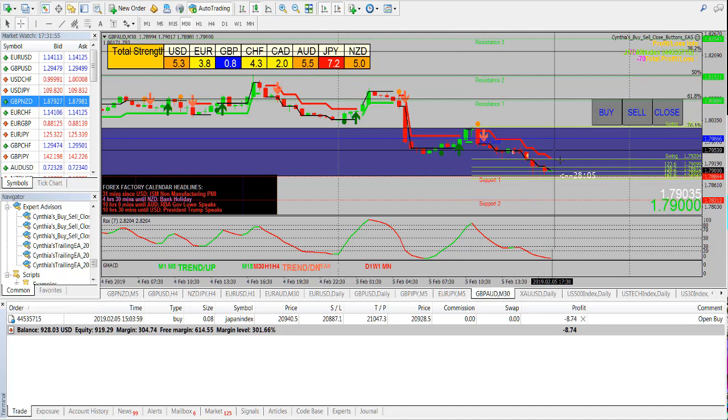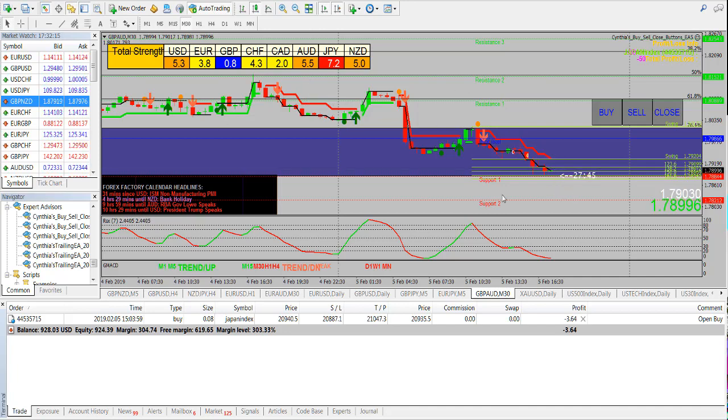So again, if it pulled back to the swing line and my target is support 2, that's 112 pips. And that might take several hours to happen, but as weak as the pound is, and if the Aussie dollar strengthens at all, then this could start going down very nicely.